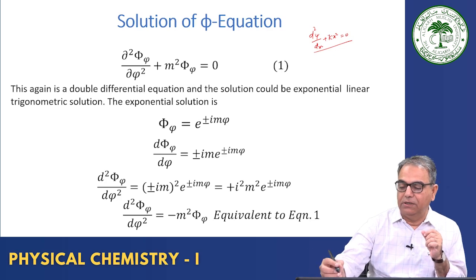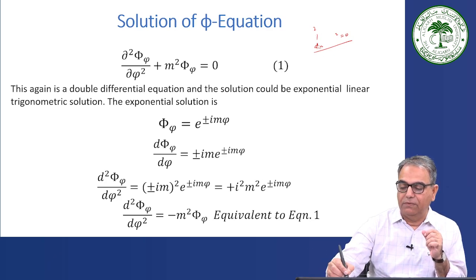Okay, let me do it like this one. d square psi by dx square plus 8 pi square m e by h square psi is equal to 0. This you take as k square.